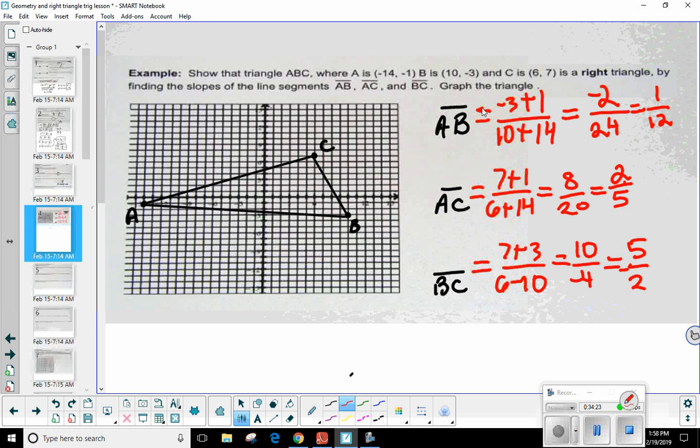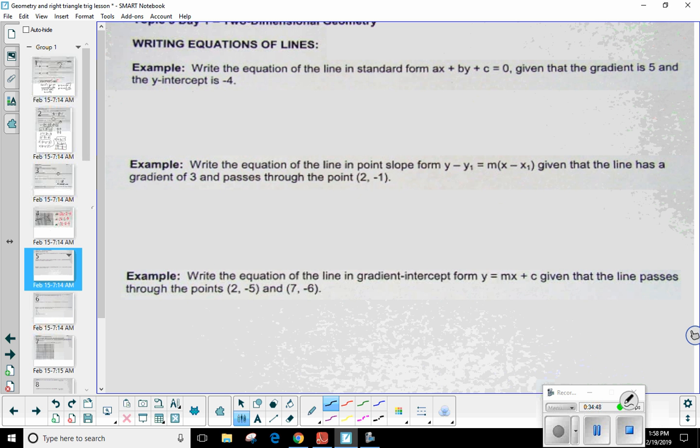So we do see that segments AC and BC are perpendicular to each other. Yes, they have opposite reciprocal slopes. That's it. Perfect. Thank you. Okay, good. So it doesn't quite look it in the diagram, but that would be a 90-degree angle.